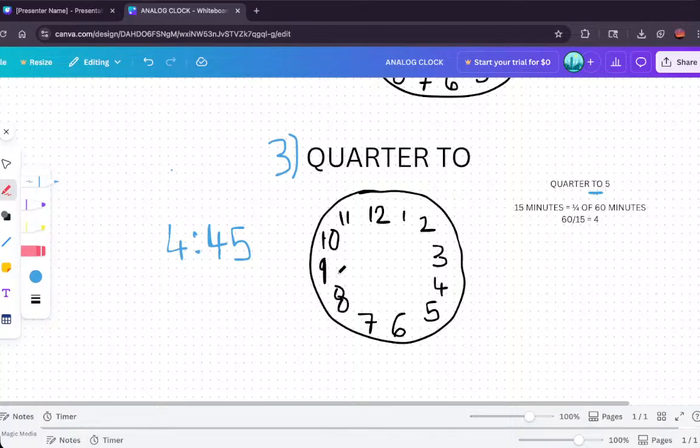That means we're trying to get to 5. So we subtract 15 minutes because it's saying quarter. So we go 5, 10, 15. We land at 9. And that is equal to 45 minutes.